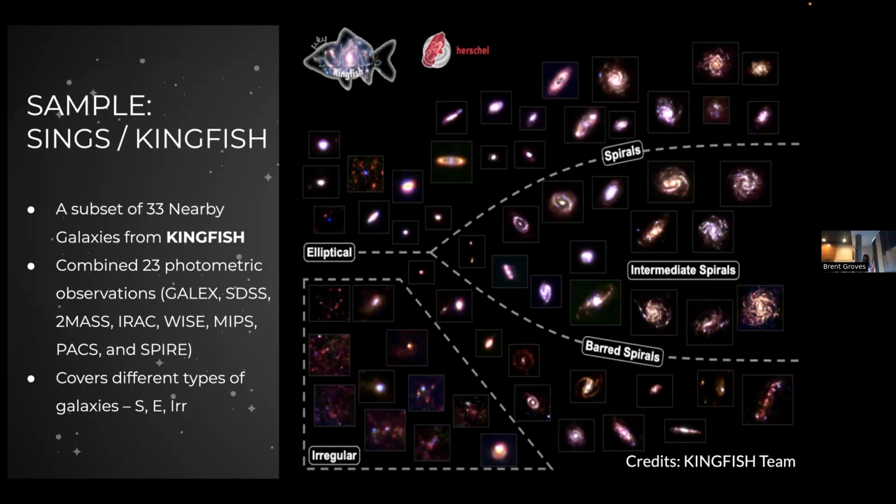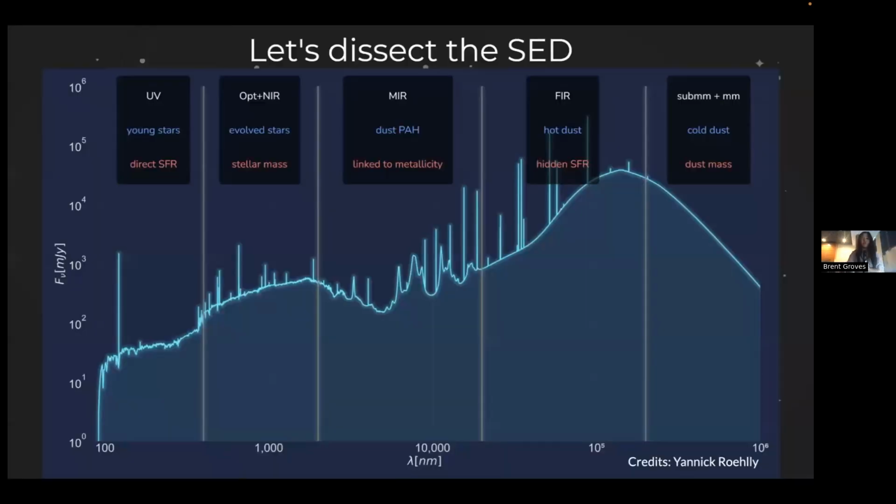So for these 33 galaxies, we have a large coverage of the spectrum that gives us their spectral energy distribution. And the emission at each wavelength corresponds to different physical processes. Stars emit from the UV to far infrared, and the high energy photons ionize the gas, which contributes to the emission lines and also some continuum.